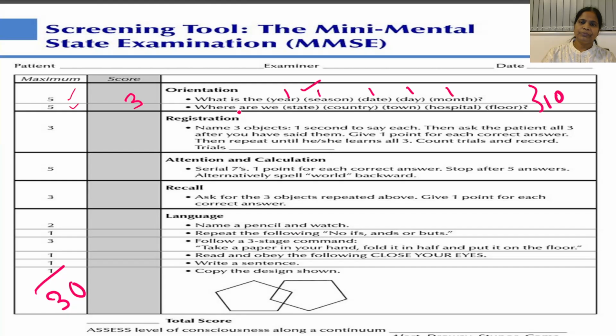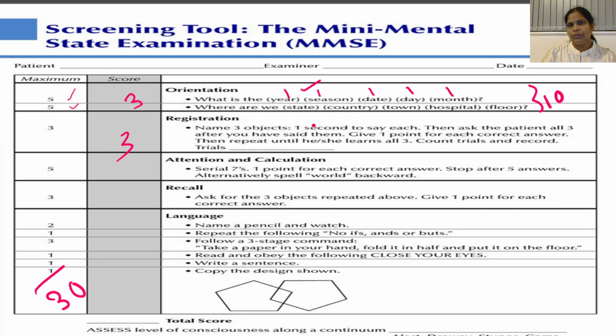The next aspect is registration. In registration, we mention names of 3 objects like paper, pencil, table, and ask them to repeat those 3. If they repeat the 3 correctly, then you can give a score of 3 points.